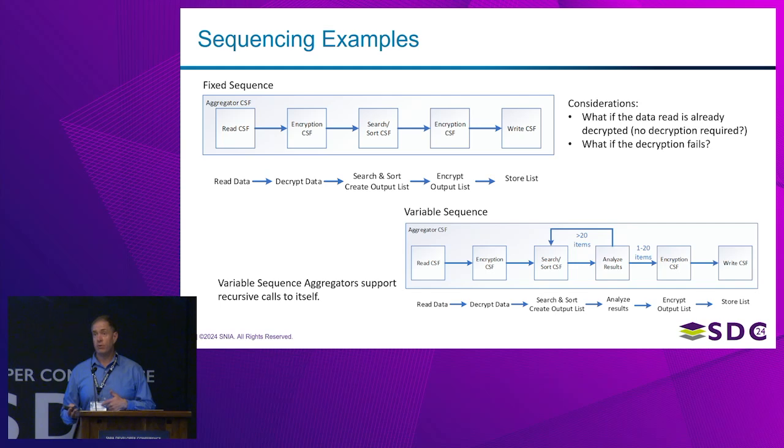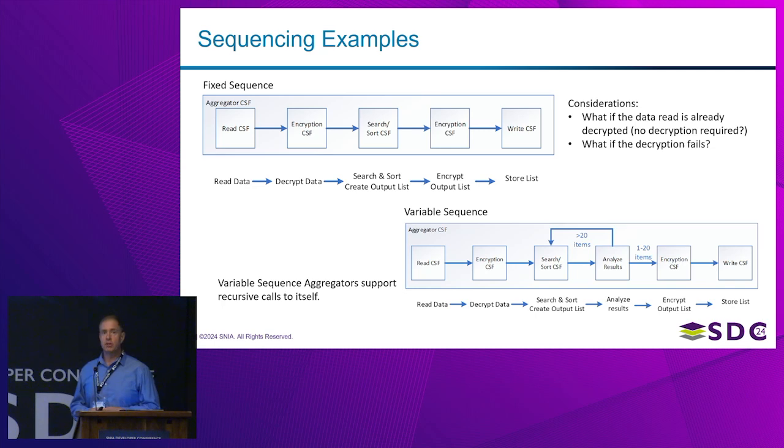Or is it valid for it to continue on to the search algorithm? I would suggest that it probably is perfectly valid for it to continue. There's no need to decrypt it. It's not really an error. Maybe you want to report that to the host, say that the data you gave me was already decrypted and I didn't need to do anything, but there's nothing that prevents it from continuing execution. So it may as well.